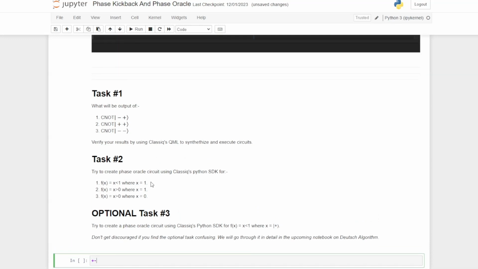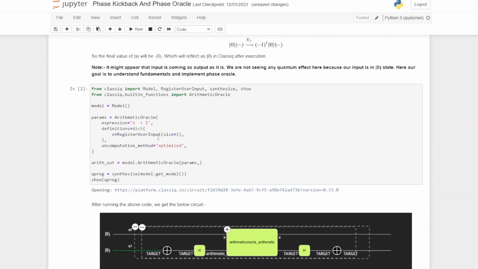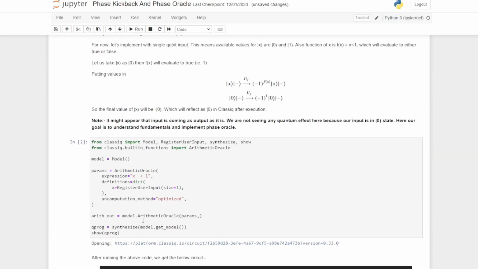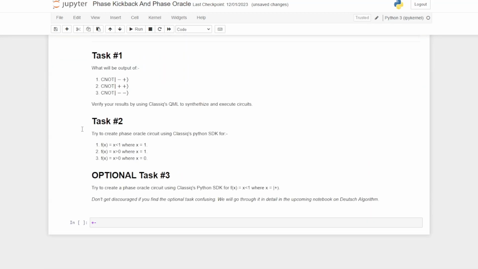Now, to create a phase oracle circuit using the Classiq Python SDK, you can just use this same code. The first expression is x less than 1 and x is 1.